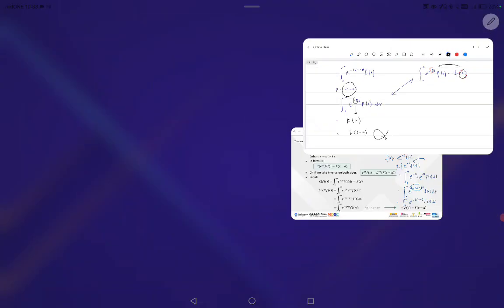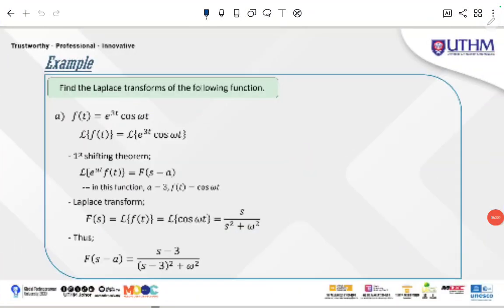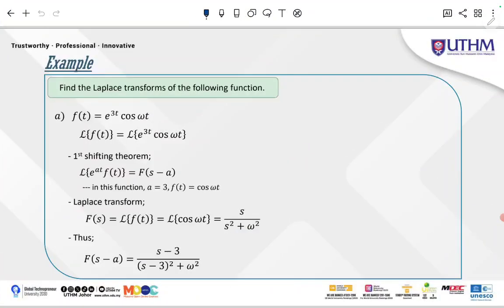Okay, then let's look at an example so that it becomes more clear to all of you. It's very easy, even though the proof looks quite tricky, in terms of application it's very easy. Here we have the function f(t) equal to e to the power of 3t cos omega t.